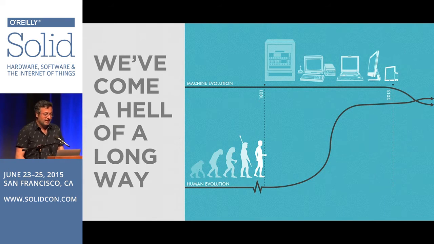And I've thought about this quite a lot, that really when we started off, we were a long way away from computers. And over time, we've actually got closer to them.